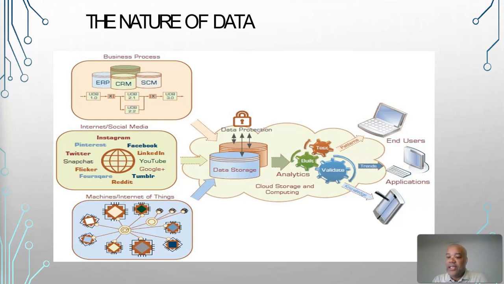So in this slide here, what we're trying to show is the life cycle of data, from its sources like social media, business processes, Internet of Things devices, to its uses in applications. So think of data like water in a city.